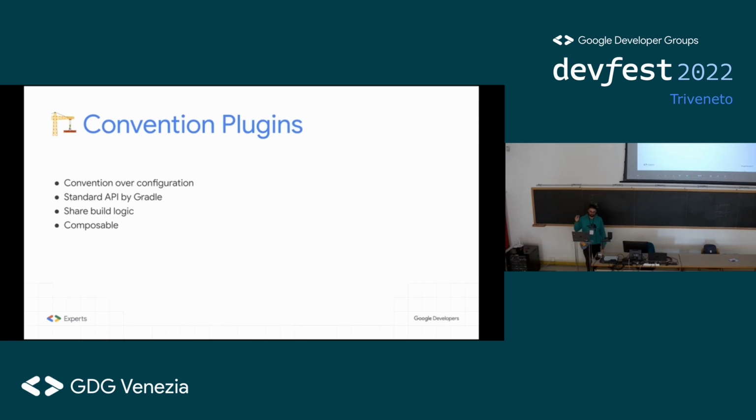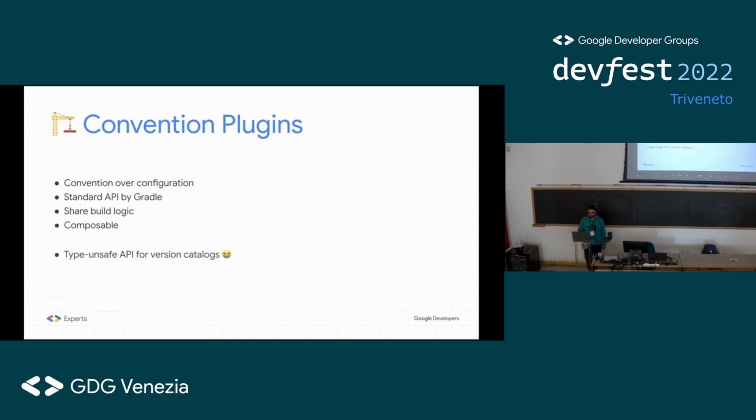This is what Square is using, and they had a blog from last year, I believe. It was very popular, but the community was like, what's that? So that's a convention plugin.